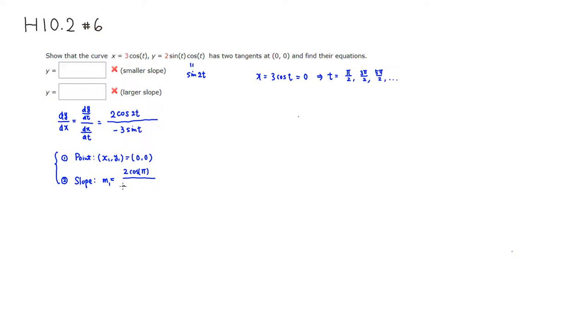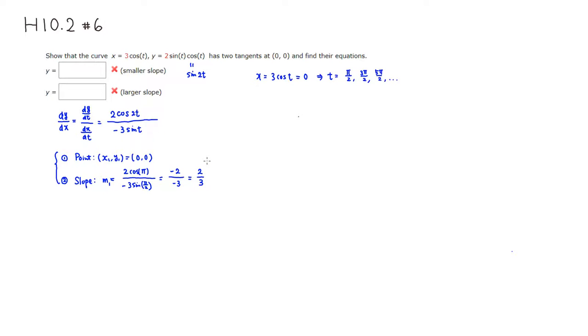Then you have negative 3 sine of pi over 2. Sine of pi over 2 is 1, so it's going to be negative 3 on the bottom. And cosine of pi is negative 1, so it's going to be negative 2. So we got 2/3.